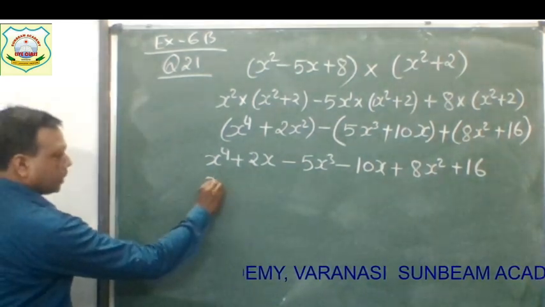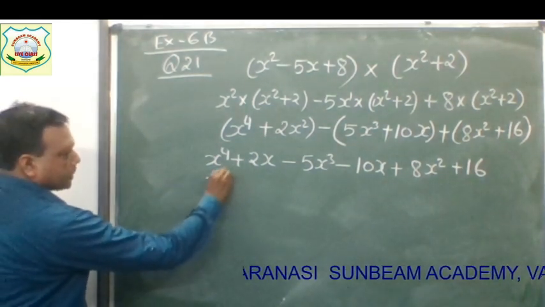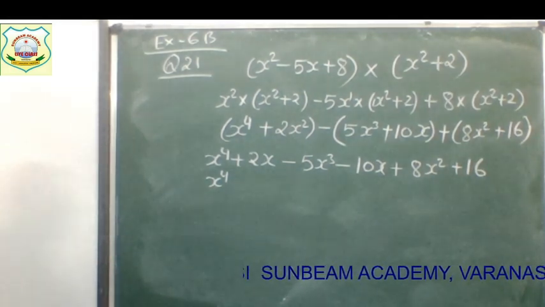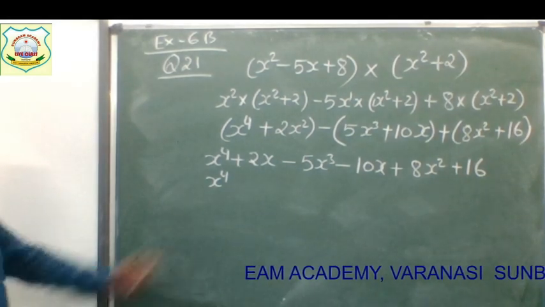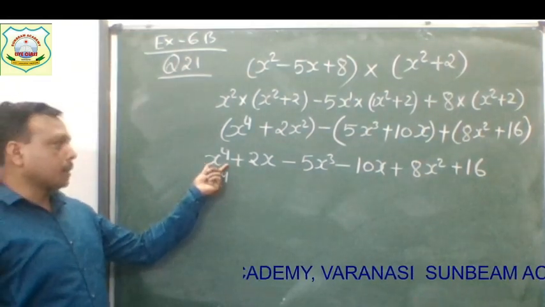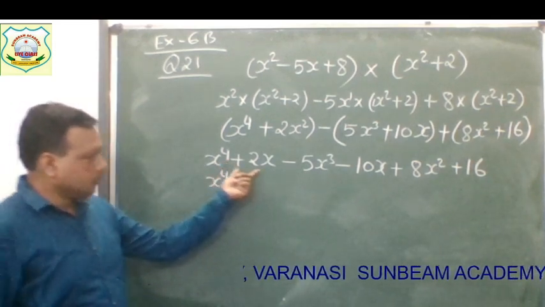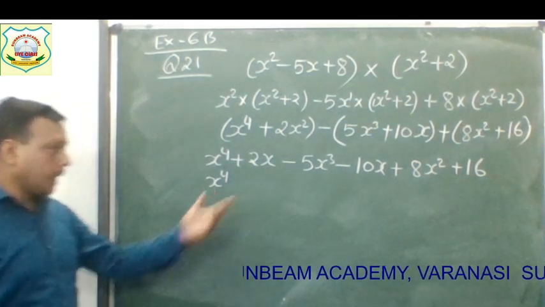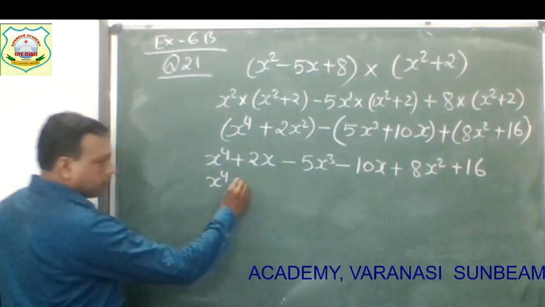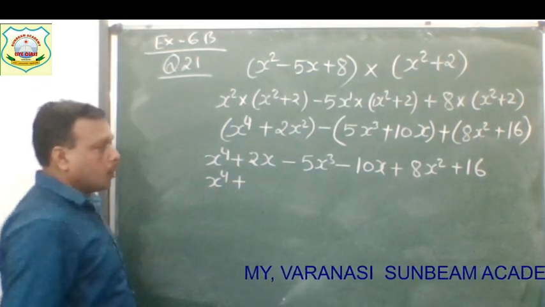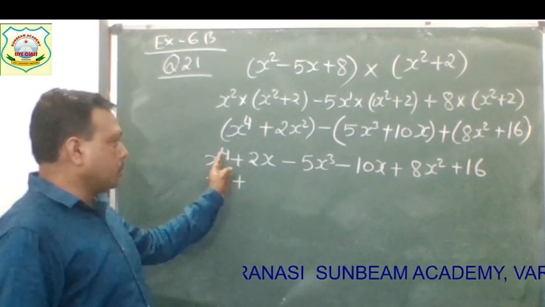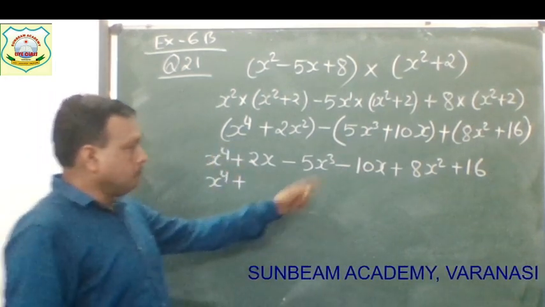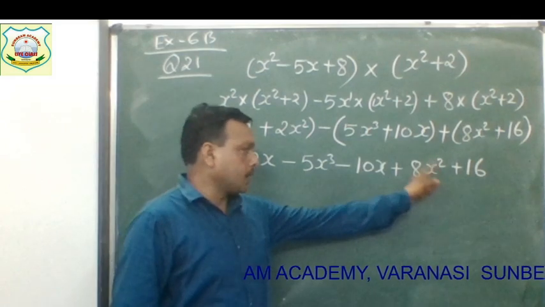X power 4. What will we see now, students? We will check whether we are getting any other terms of x power 4. See here, no more. So we will write x power 4 as it is. No like terms here. Now we will write in decreasing order form, means cube, then square, then x.